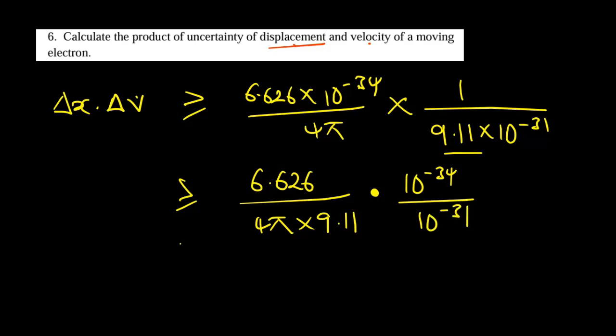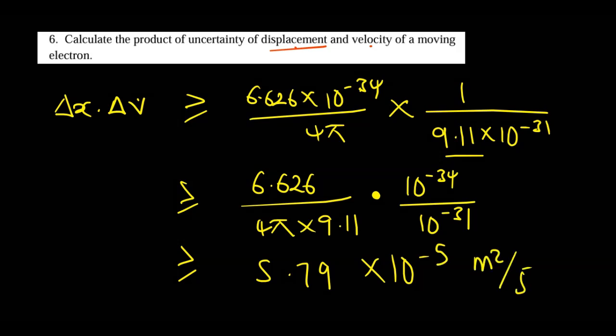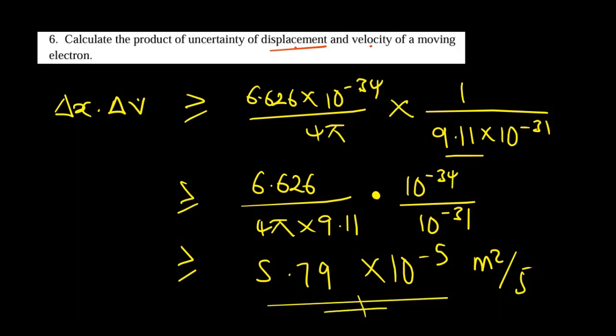Okay, and then now we can punch this into the calculator. Once we do that, we are going to end up with 5.79 multiplied by 10 to the power minus 5, and this will be m squared per second. Okay, so those are the units that we're going to use there. So this will be the product of the uncertainty of the displacement and the velocity.